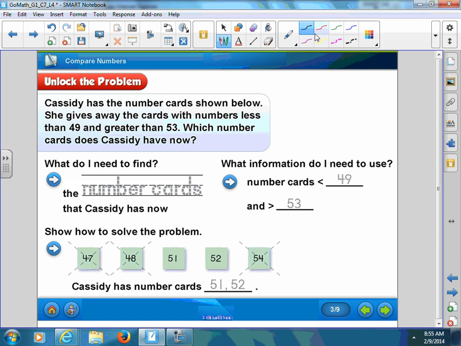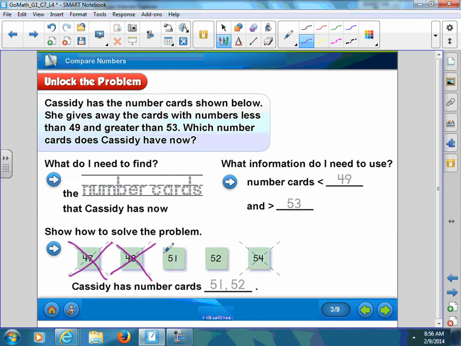I look at the numbers. 47 is less than 49. 47, 48, 49. So 48 is also less than 49. 50, whoops, there's not a 50. 51.